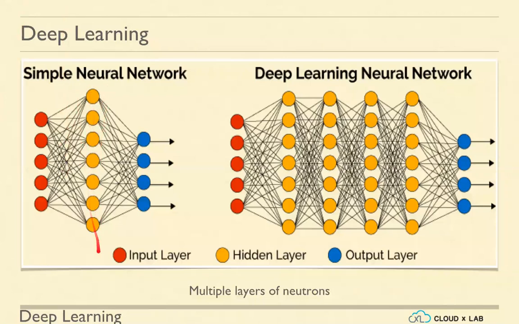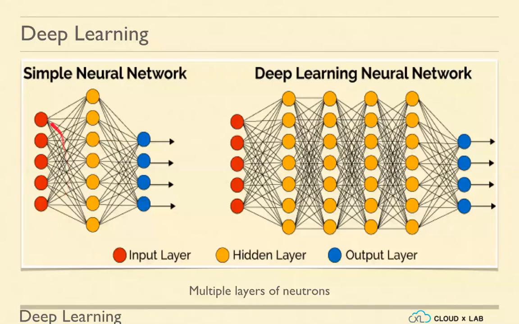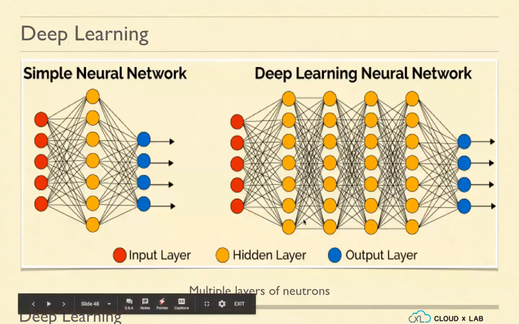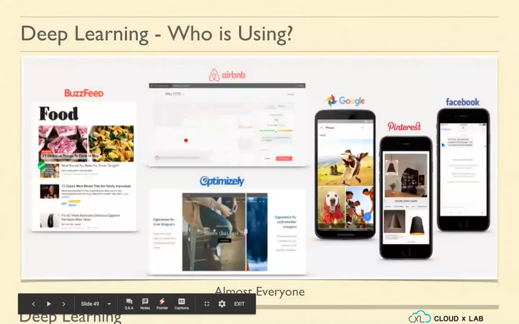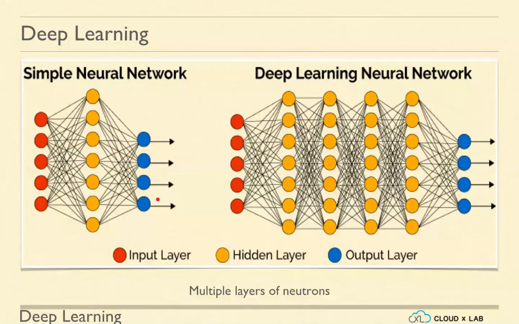And once these knobs are giving us results similar to the historical experiences, when these knobs are giving you great results, in those cases you'll basically stop and you'll say that, okay, my neural network is trained.